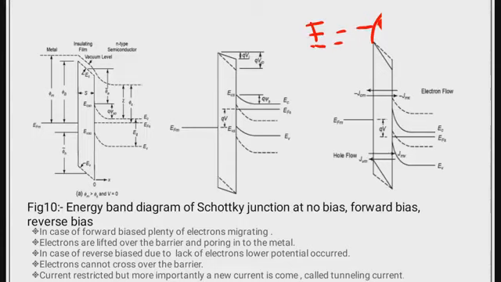So in case of reverse bias, due to lack of electrons, a lowered potential occurs, hence the band goes down, and here the band goes up as compared to this one.